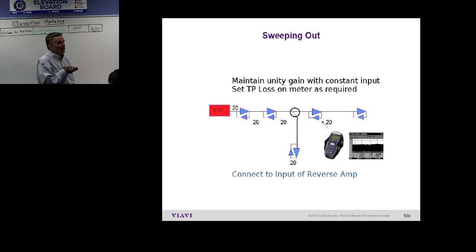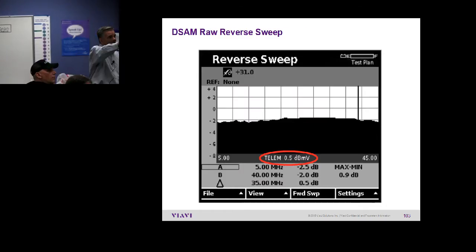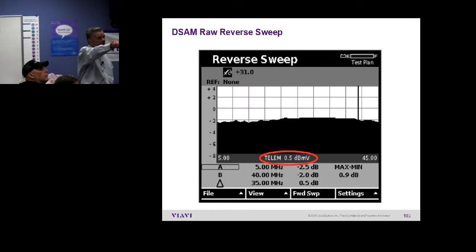Okay, so here's a raw return sweep trace, for example. I'm injecting at a particular level, that return sweep level, and again, there's my telemetry level right there at the head end. And notice that my sweep trace is at about -2 or so. So now what am I going to do?